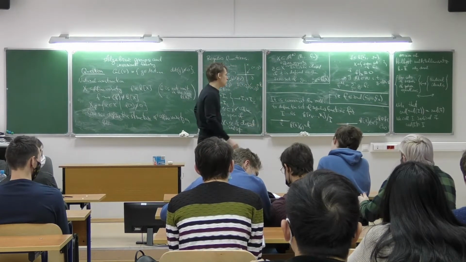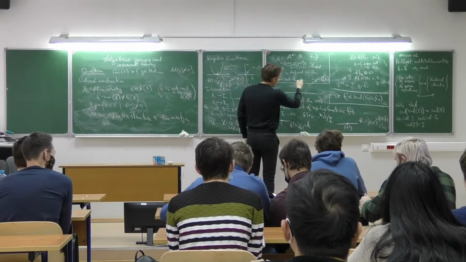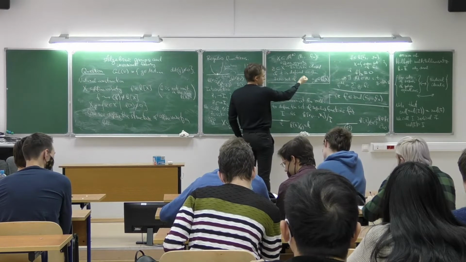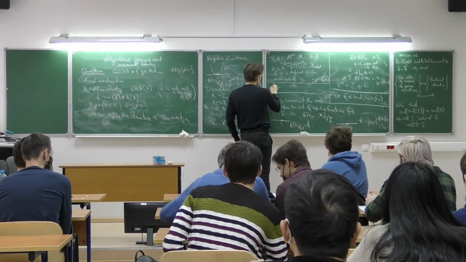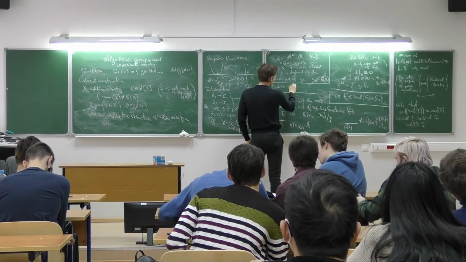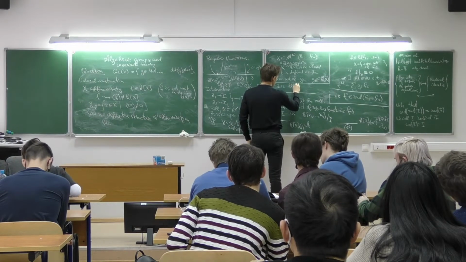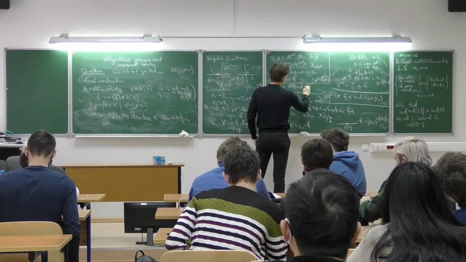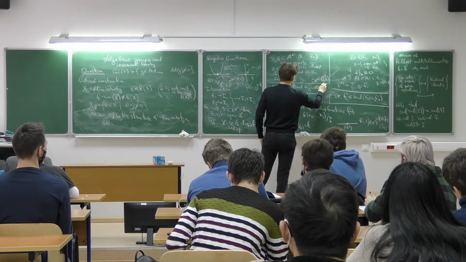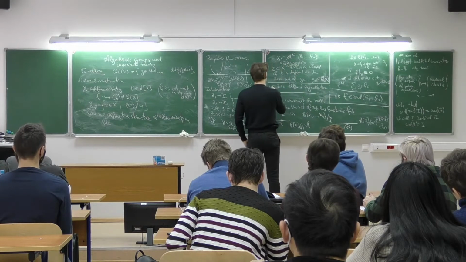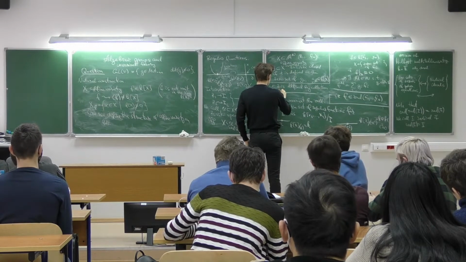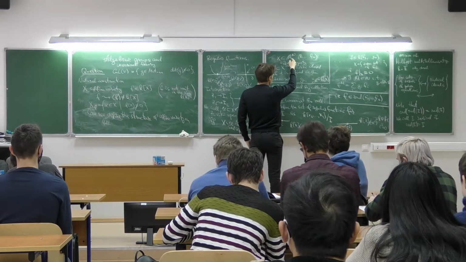You notice that this comes from restrictions of polynomials. So Z is defined by a collection of polynomials in the affine space where we consider X itself.